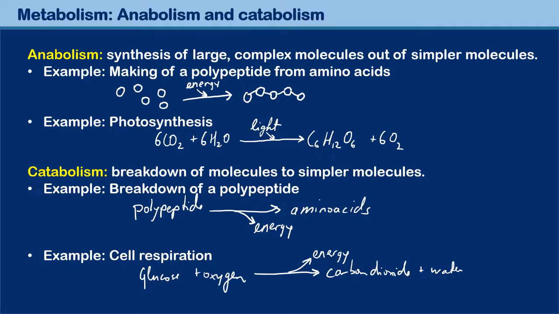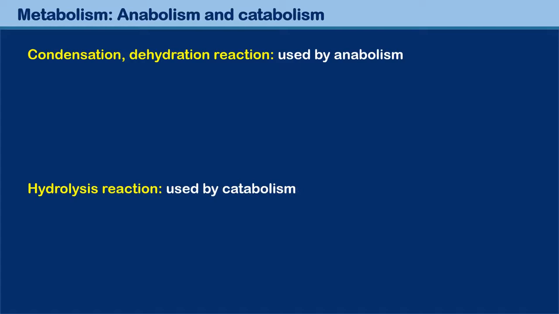Now, in the second foil over here, I'm just going to link anabolism and catabolism together with condensation and dehydration reactions. Basically what this means is that when two molecules are joined together, a molecule of water is formed.